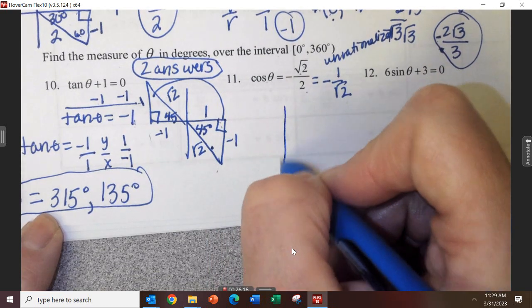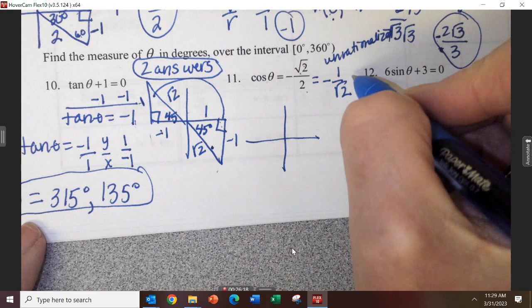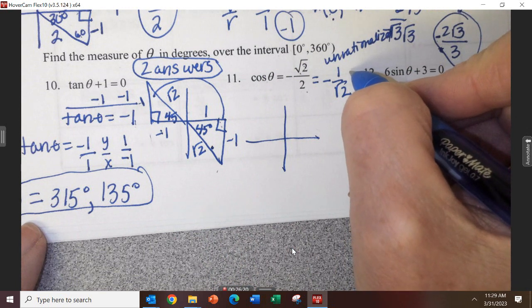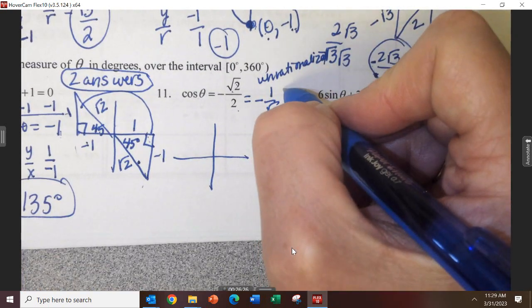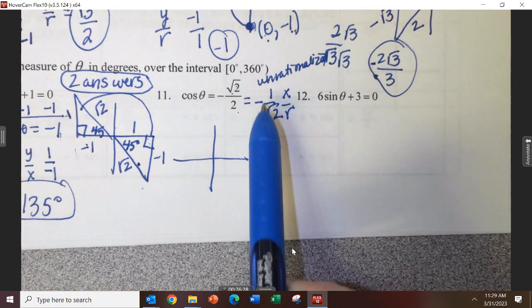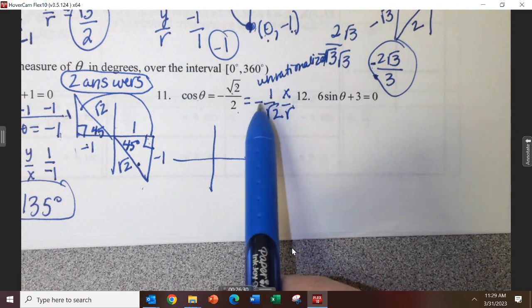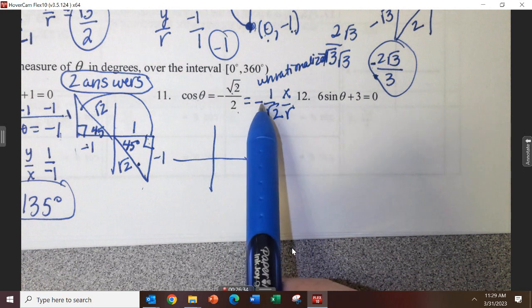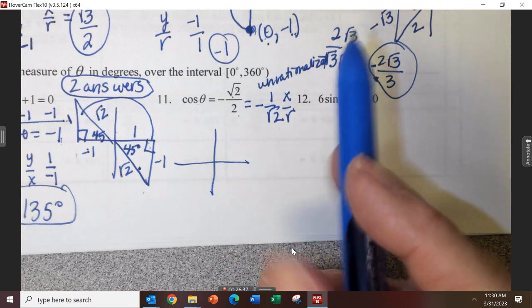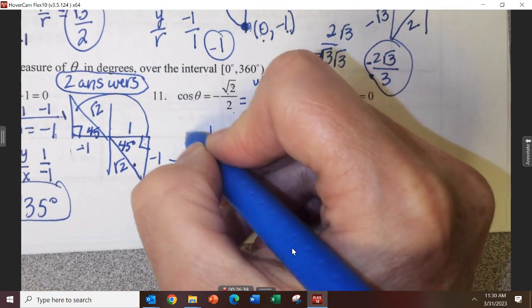Okay, so now I'm going to draw a picture. What's cosine the same as? Cosine is x over r. Which quadrant is going to have x be negative? Two, yep, or 3.